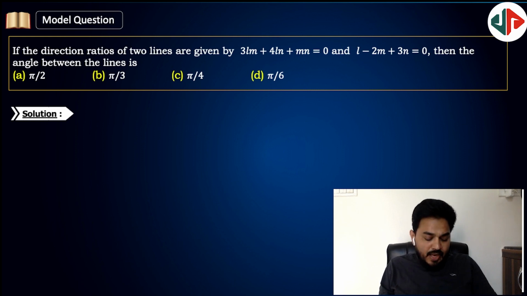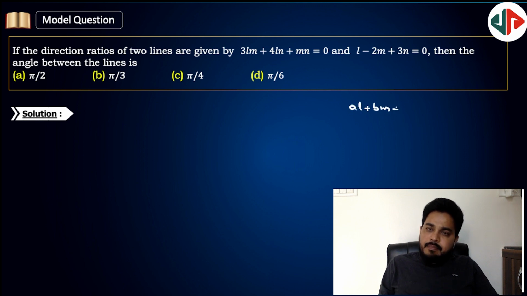You have any equation like the relation between these two: AL plus BM plus Cn is equal to 0, and FMN plus GM plus HLM is equal to 0.